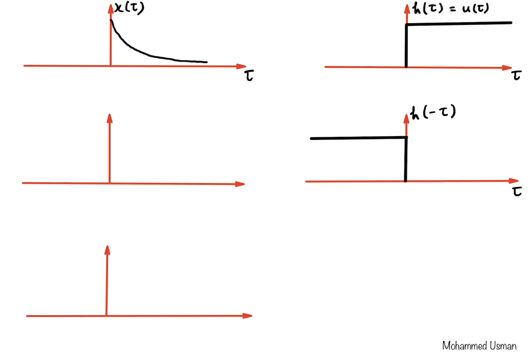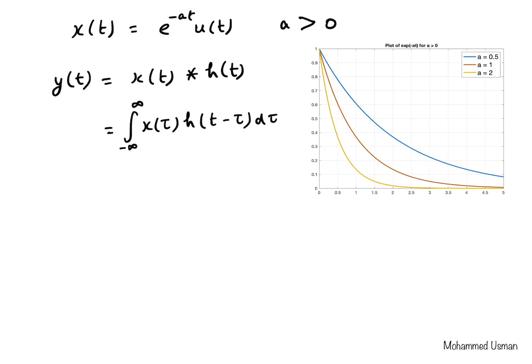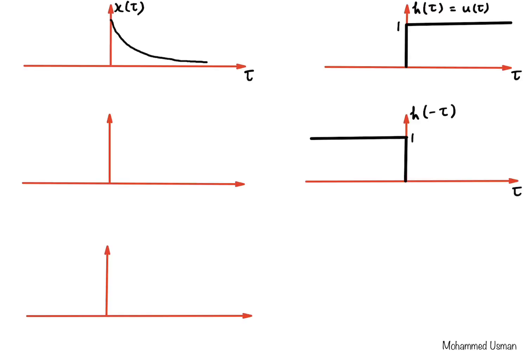And because it's a unit step function, the value is 1 for tau greater than or equal to 0 when it is h of tau. And for h of minus tau, this is equal to 1 for tau less than or equal to 0. Now the next step is we need to shift it by some amount t, so h of minus tau plus t.